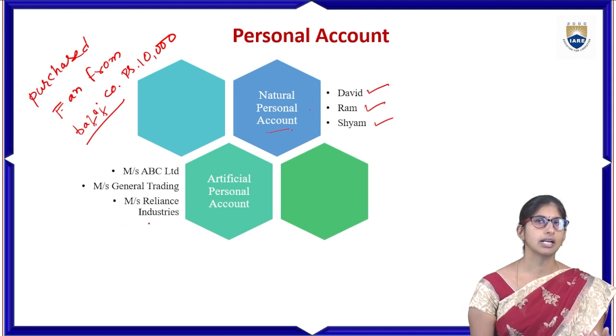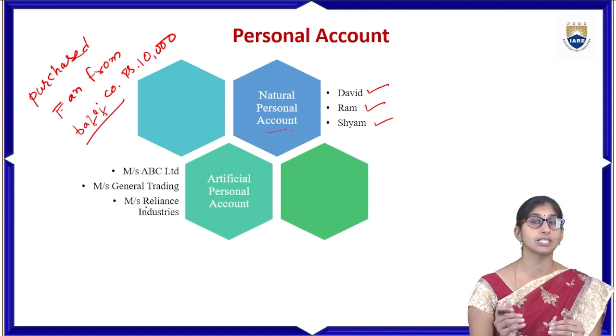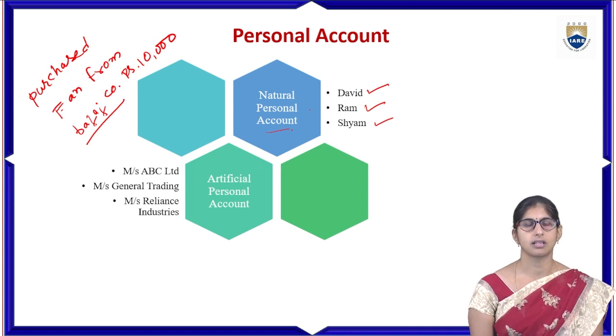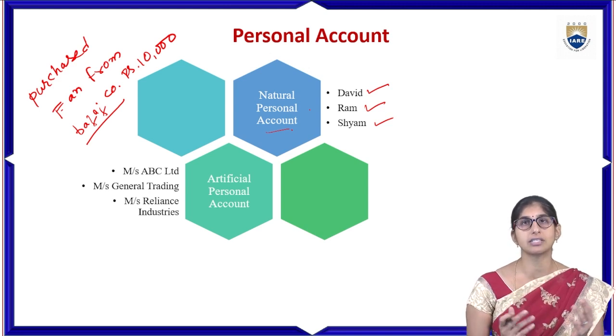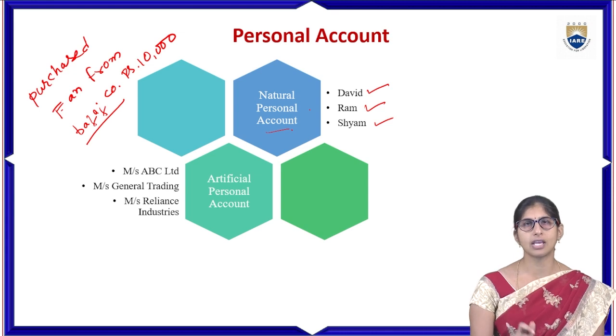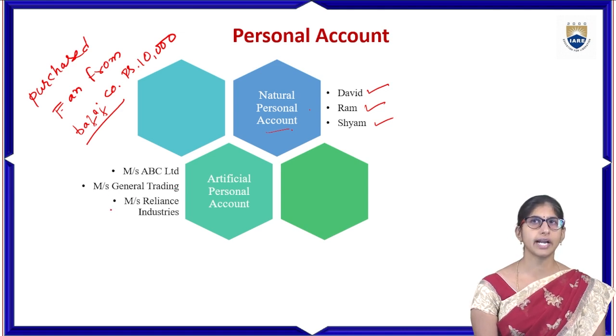All these are company names, so all these are artificial personal account items. We are naming them because we have established those businesses and we are giving a certain name. We are registering the company name, and that is the artificial personal account item. So in this transaction we have identified Bajaj company, right?